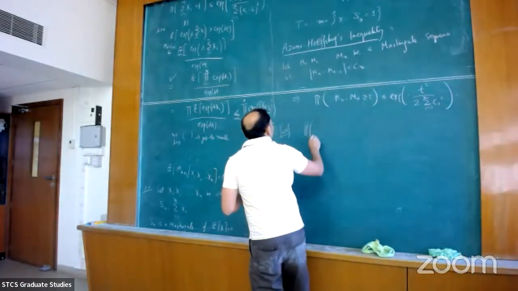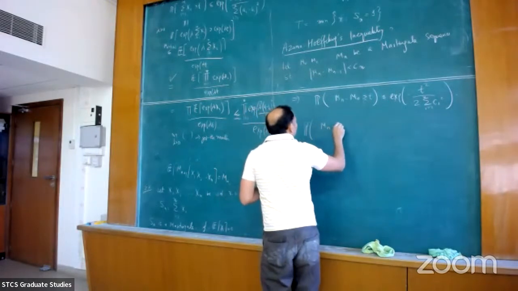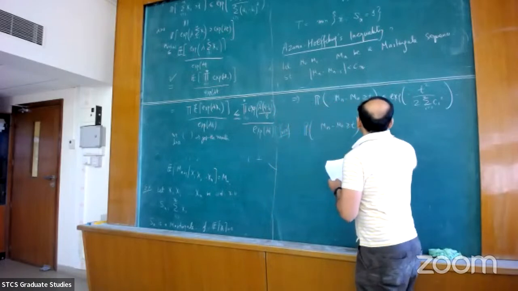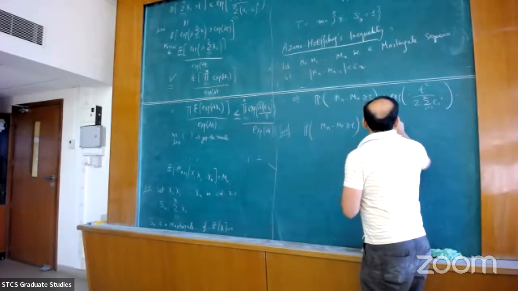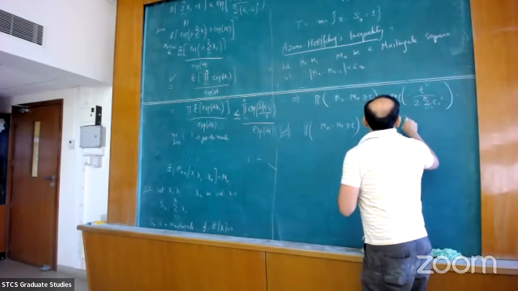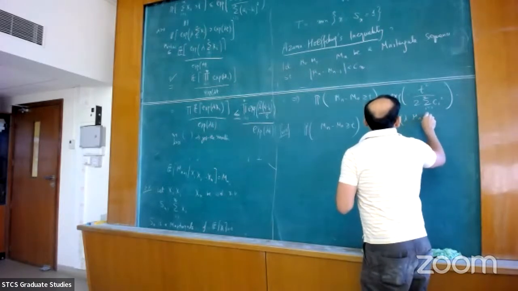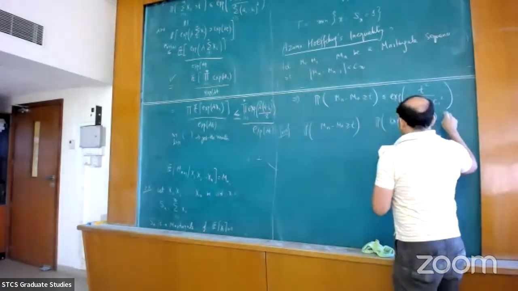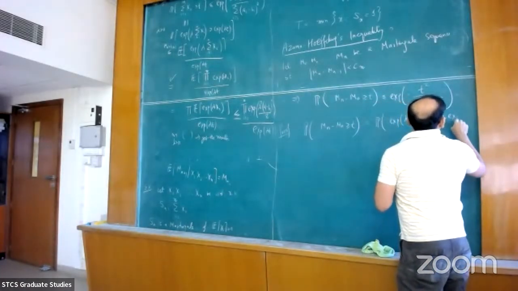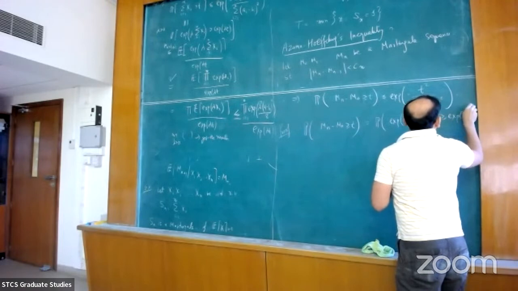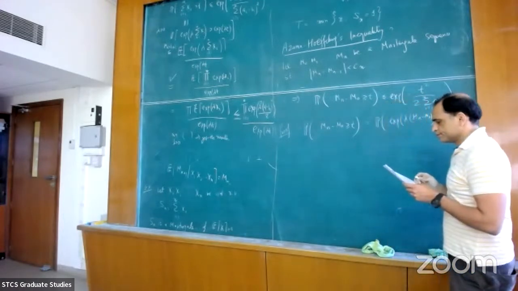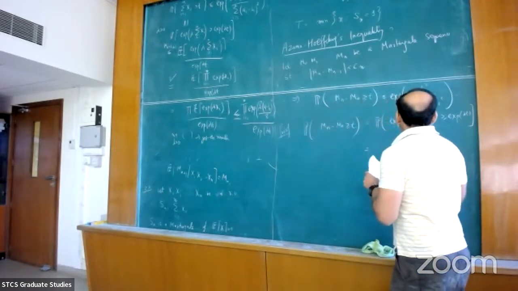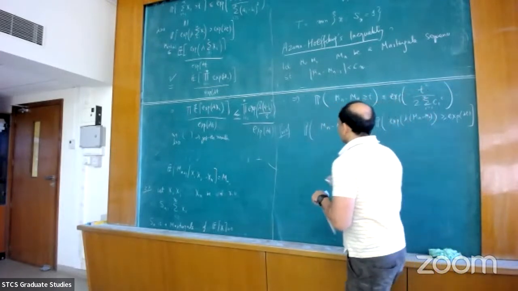The probability that Mn minus M0 is greater than or equal to t. Same idea as before. The probability that e to the power lambda times Mn minus M0 is greater than or equal to e to the lambda t. So let me go directly to this. Now, what can I write Mn minus M0 as?